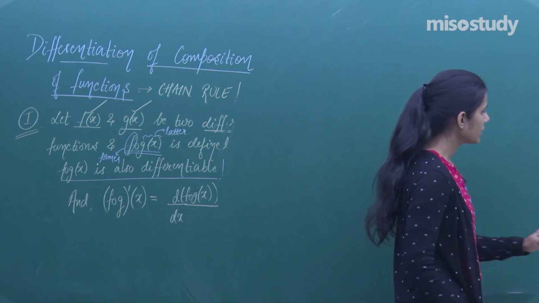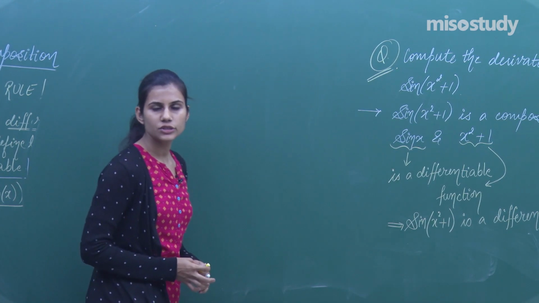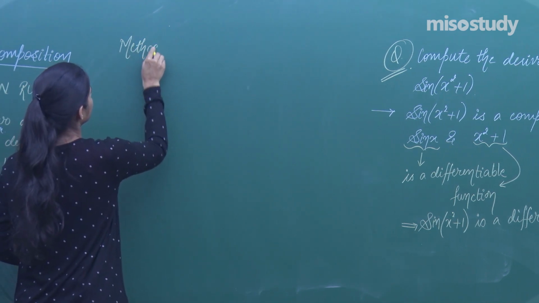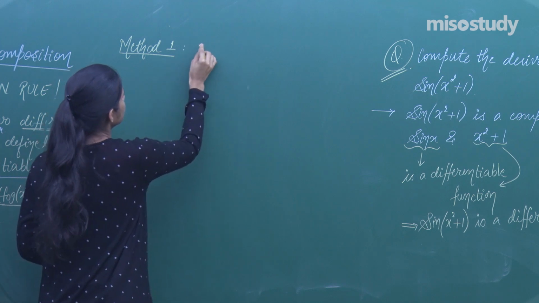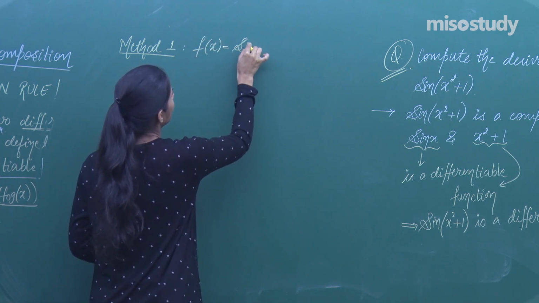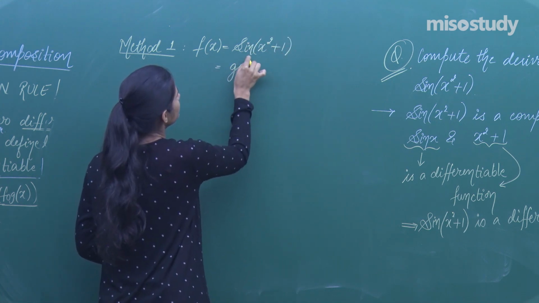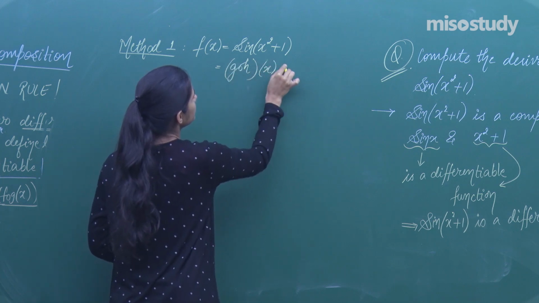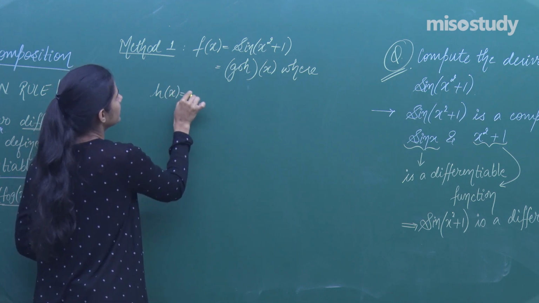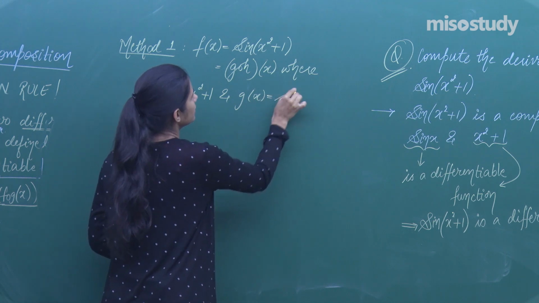Okay, this is what we have. Now I'm going to adopt two strategies to compute the derivative. Method 1. See, I can say f of x is sine of x square plus 1, which can be written as goh of x, where h of x is x square plus 1 and g of x is sine x.